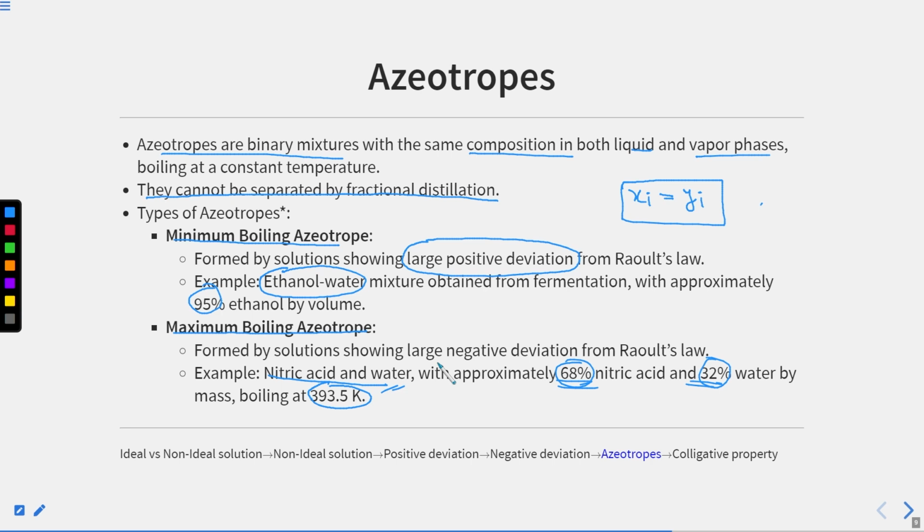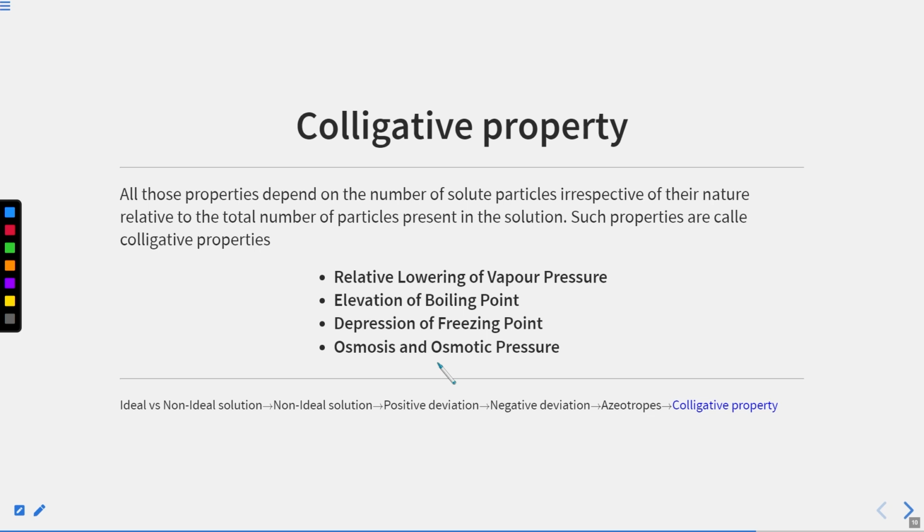At last, we are left with this topic, which is called colligative property. In the next class, we will see this colligative property one by one. But before that, we have to understand what a colligative property is.